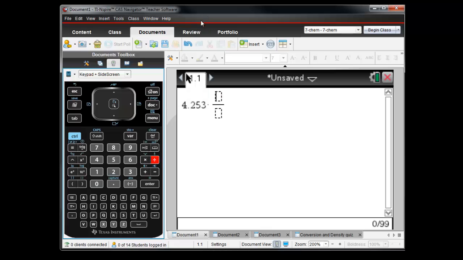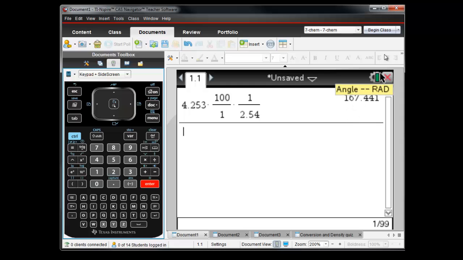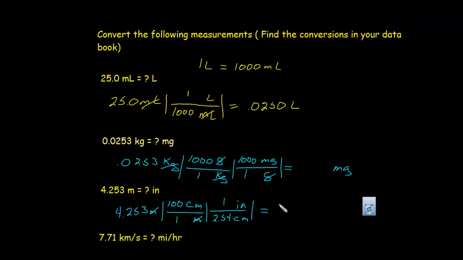This was in meters, and so I want to get rid of meters, so we're going to centimeters. 100 centimeters over 1 meter, and then the next parentheses would be times control divide, and I want 1 inch over 2.54, and press enter. Now remember, we have 4 significant digits, so we get 167.4 inches. So we come down here, 167.4 inches.